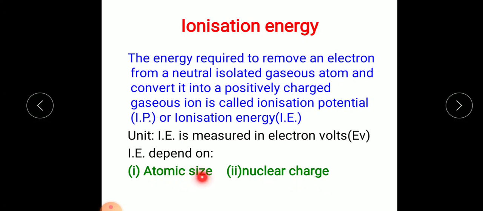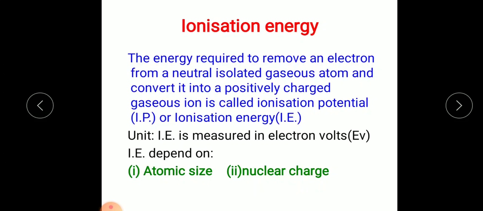In case of atomic size, the greater the atomic size, the lesser the force of attraction, since the electrons of the outermost shell lie further away from the nucleus, thus making their removal easier. That is, the ionization energy required is less. In case of nuclear charge, the greater the nuclear charge, the greater is the attraction for the electrons of the outermost shell.